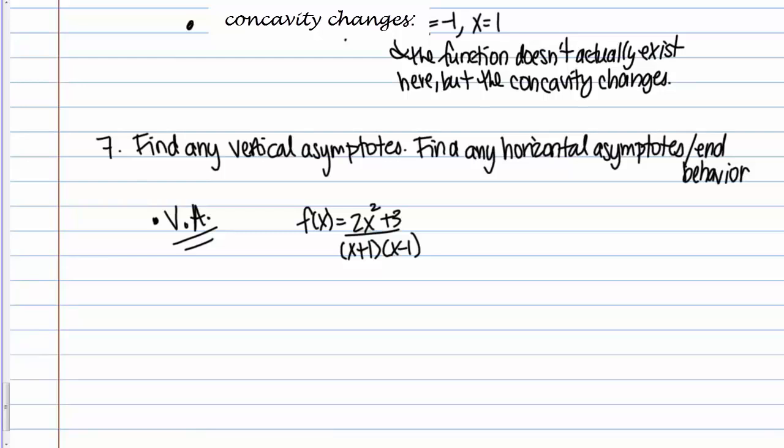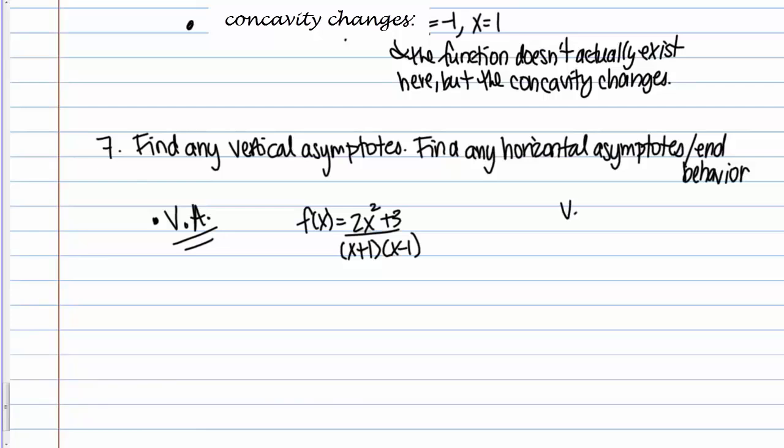The general response to that question is they happen when the denominator equals 0. But as a condition on that, be sure, before you look for that, that it's not also a 0 of the numerator. So if I look at this denominator here, it looks like -1 and 1 are going to be my vertical asymptotes. But I want to make sure that if I plug in -1 or 1, I also don't get a 0 on the top.